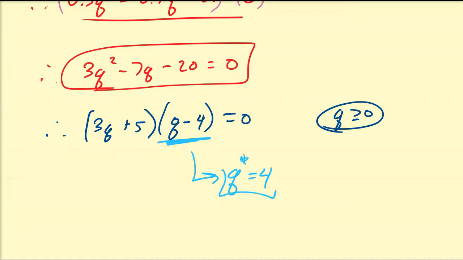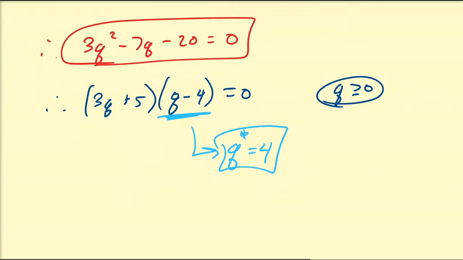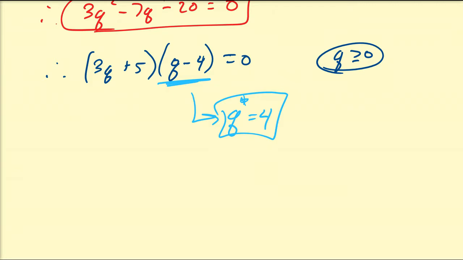So this is going to be my equilibrium quantity. Since Q star is equal to 4, P star is going to be the value that you obtain by substituting the equilibrium quantity in either the demand or supply curve. It doesn't really matter. So I'm going to evaluate the supply curve at Q star.